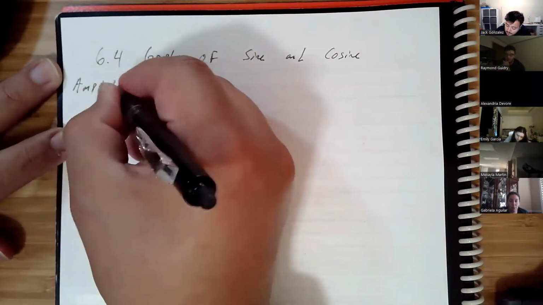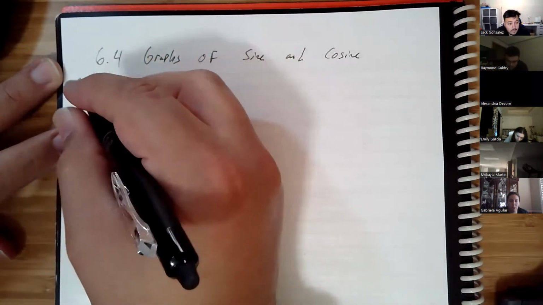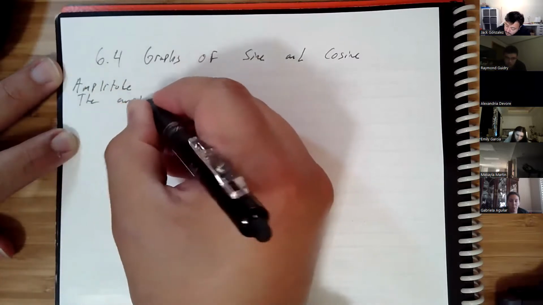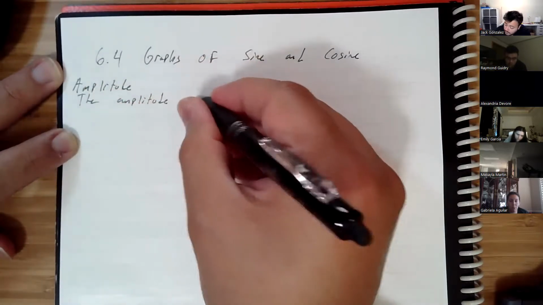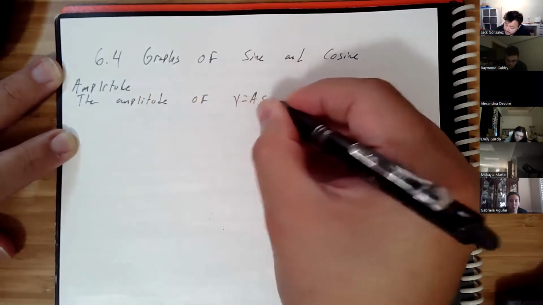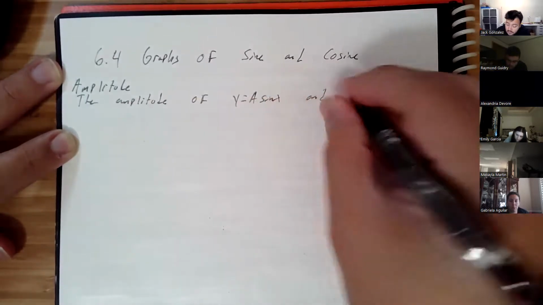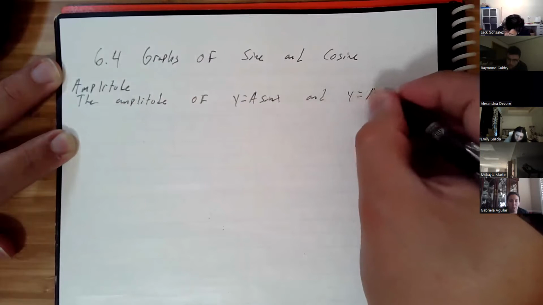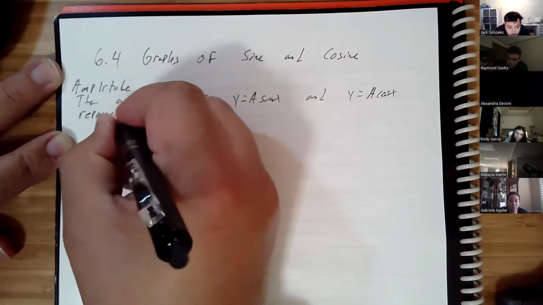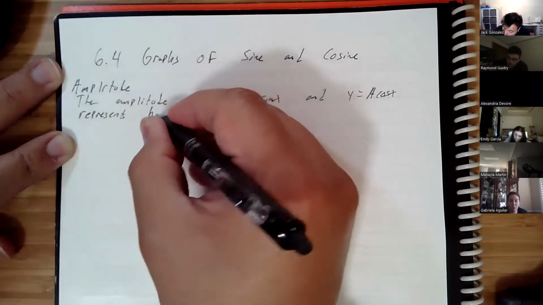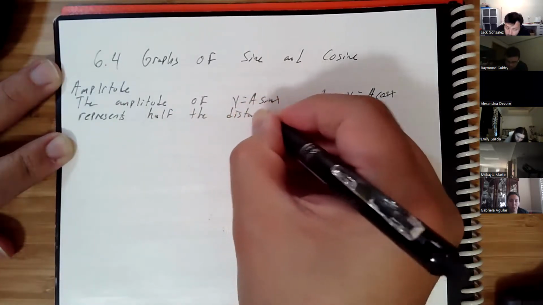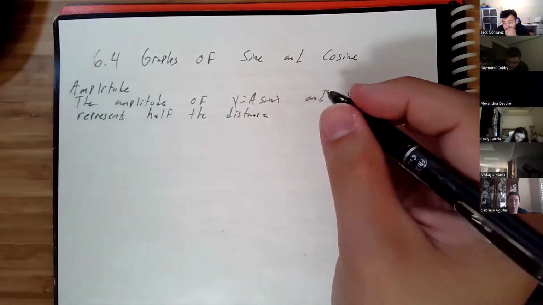So the amplitude of y equals a sine x and y equals a cosine x represents half the distance between the max and minimum values of the function.